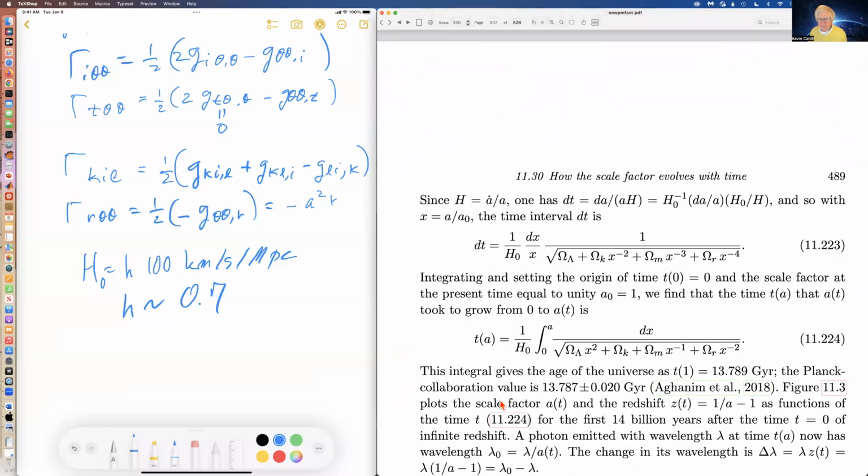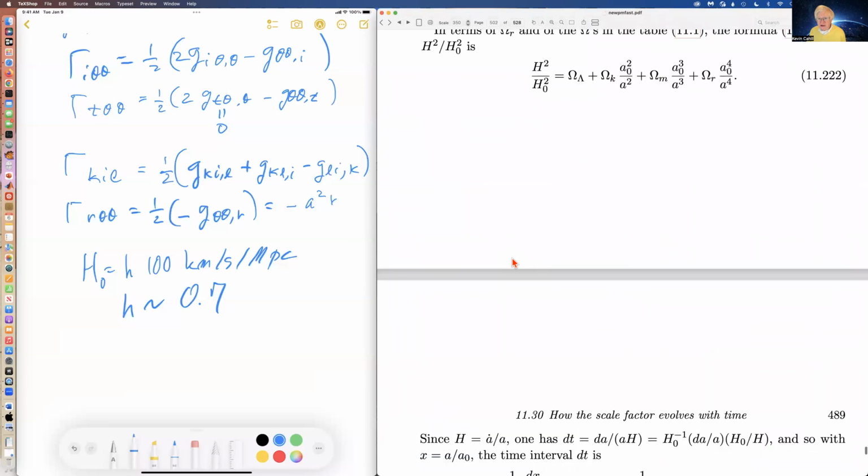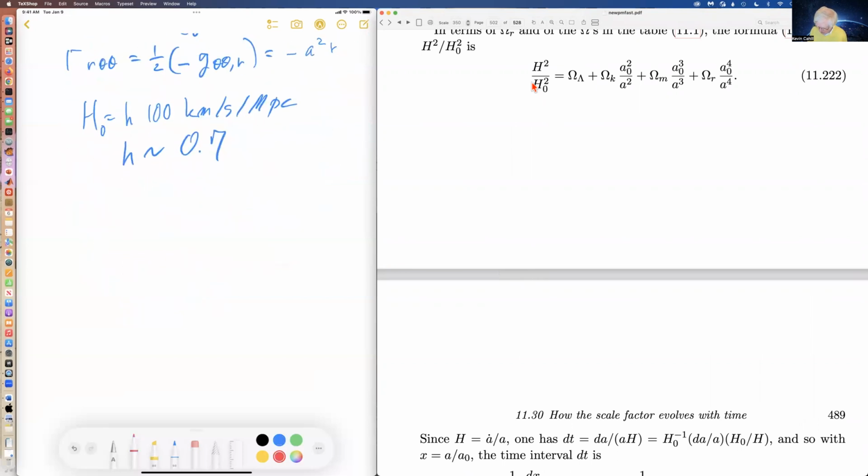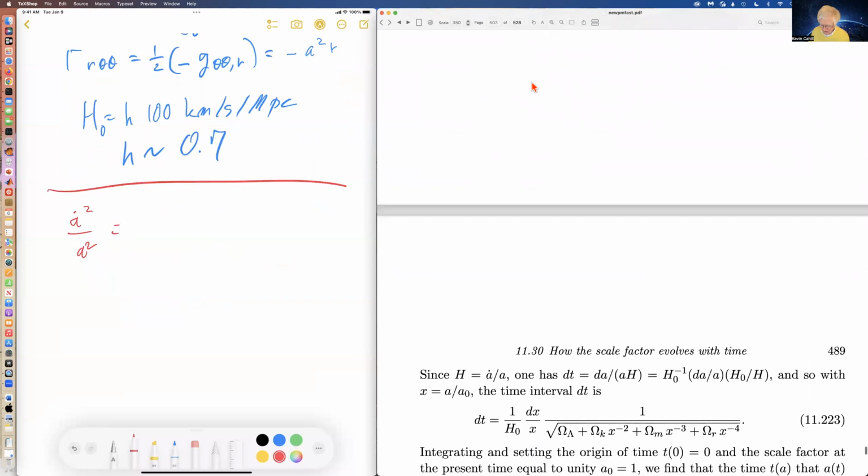And what we then do is we take this equation here, and this equation, maybe I'll switch to red. It is a dot squared over a squared is equal to these various omegas.